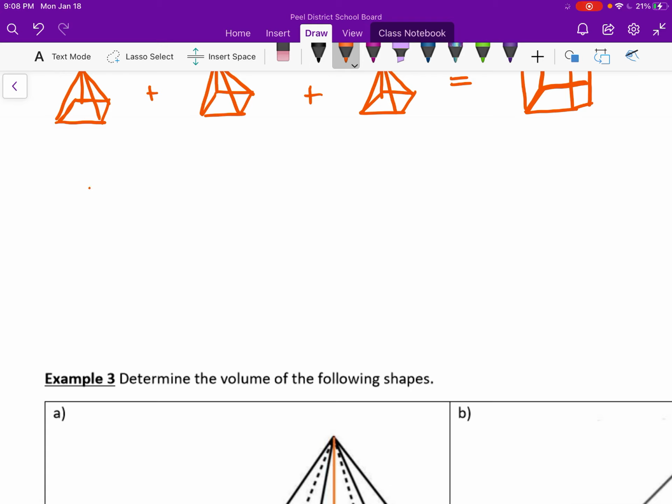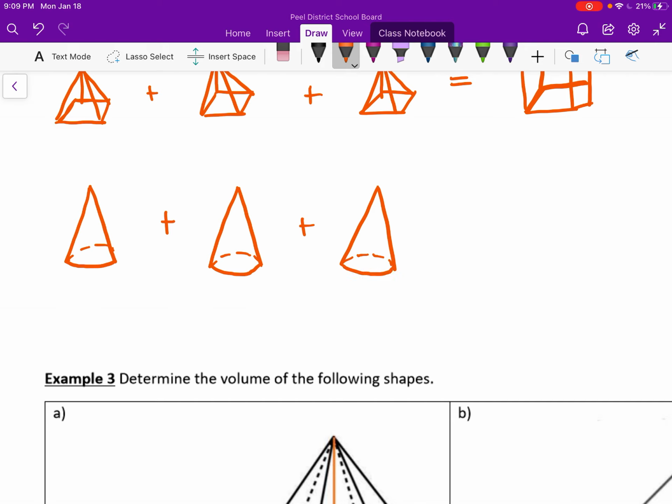Same thing. So I'm not going to try and draw the cone. Hopefully it looks okay. So if we have our cones here, the person was putting together these cones. Notice that if you took 3 cones and you arranged them in a method, you would get a cylinder, right?